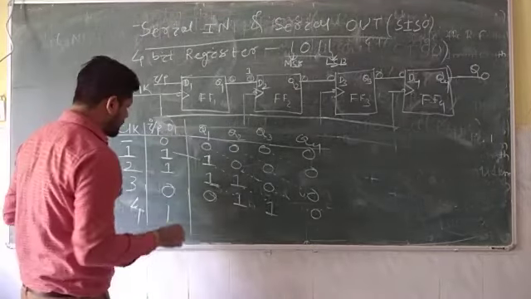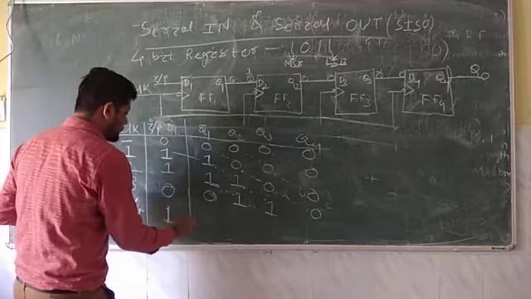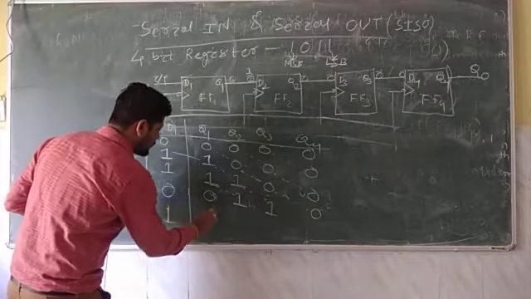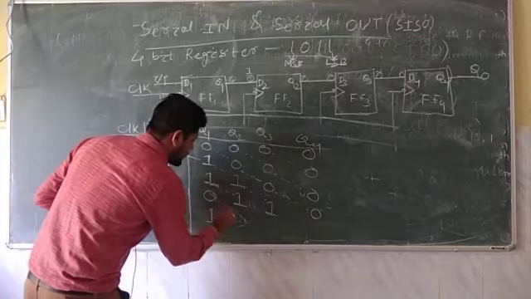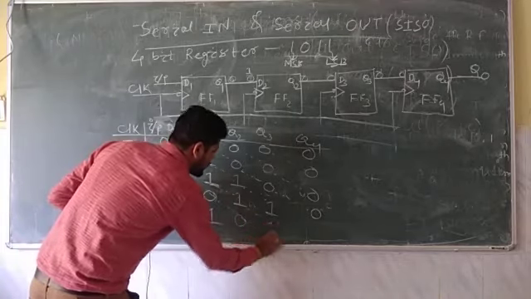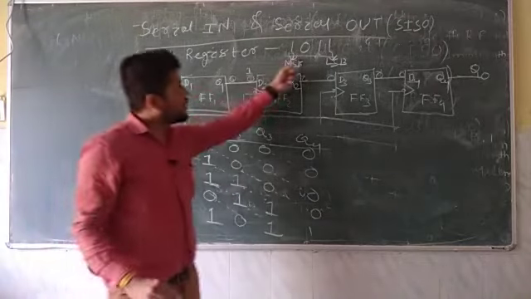So we have 1 here, then we have 0, because this is shifting here, then we have 1 and then we have 1. So finally the target is 1 0 1 1.